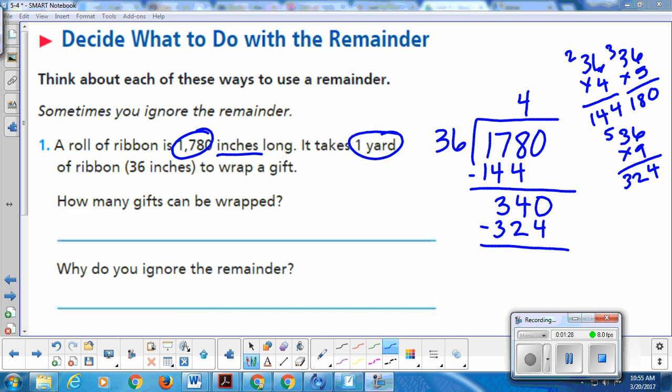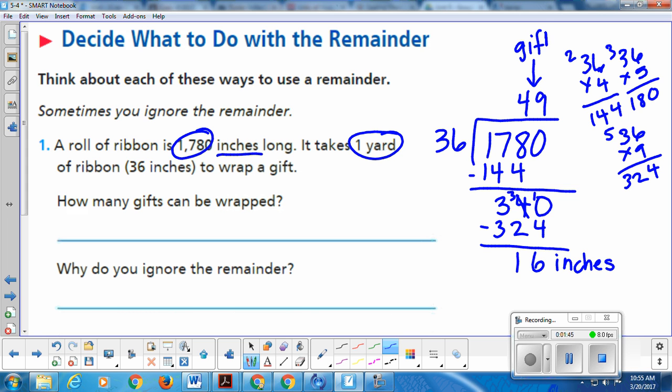So we're doing our math here, and we've found out that we have 16 inches remaining, and this number right here represents gifts wrapped. So the question is, how many gifts can be wrapped? Well, we know that, 49 gifts.